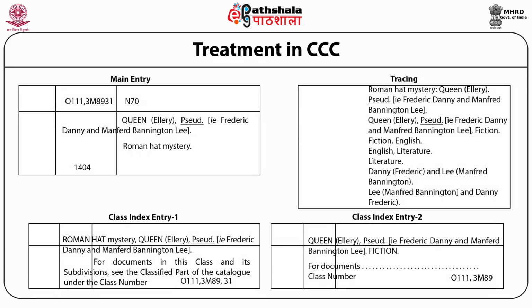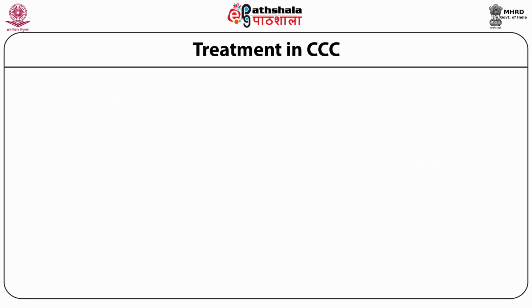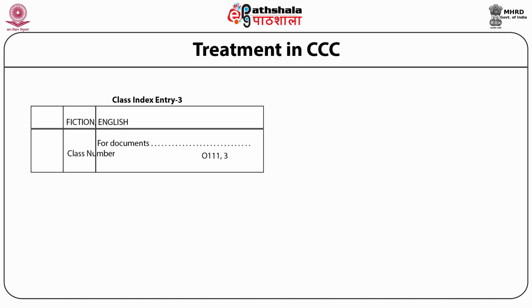In the main entry of CCC, all the sections of the main entry are recorded as per rules discussed in Module 11. However, the heading has been recorded as per rule MD 424 discussed in this module. As the real names have been taken from outside sources, they are given in square brackets. All other entries are prepared as per the rules of Module 11.